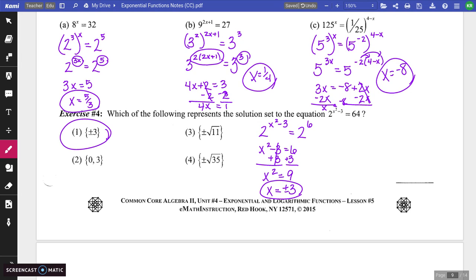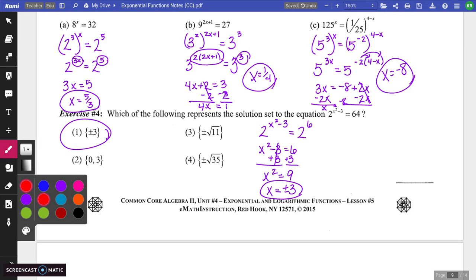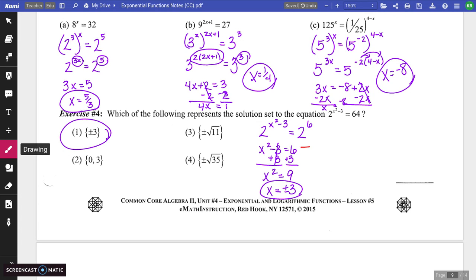Okay, now another option with this one, somebody brought it up in class yesterday. When they saw this, they said, let's factor it. Okay, it's a quadratic. We can factor quadratics. And you can. So if you move the 6 over here, you get x squared minus 9 equals 0.